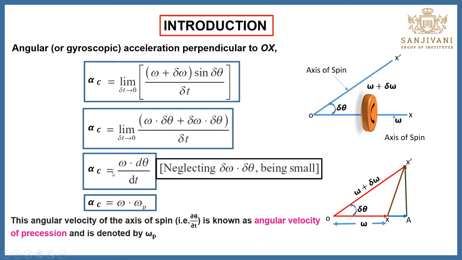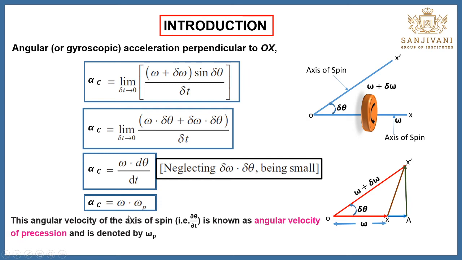If we extend this limit, it is omega into d theta by dt. We know that d theta by dt is the rotation of this axis about the vertical axis, the angular displacement delta theta with respect to time, which becomes omega p, the angular velocity of precession.